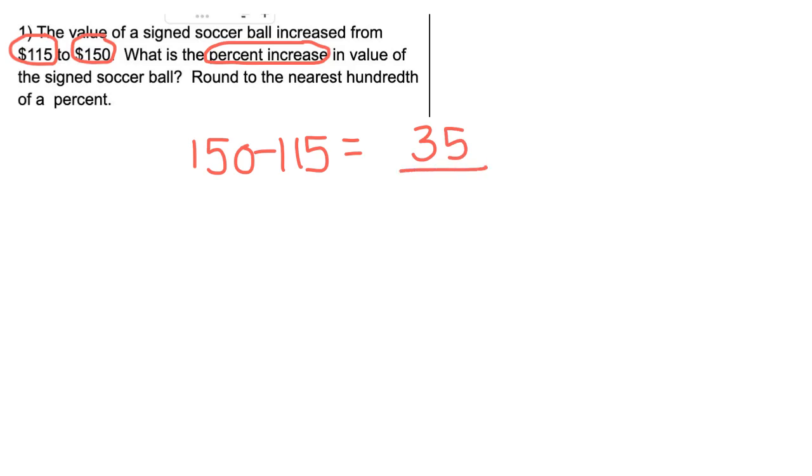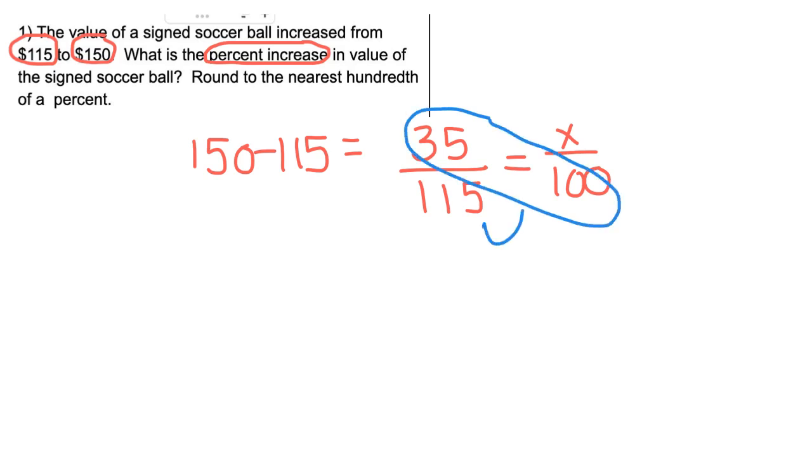Then, according to the purple template, the bottom left is the original price. Well, the soccer ball was originally $115. We're going to cross multiply. We're going to divide. And you're going to get this crazy number.